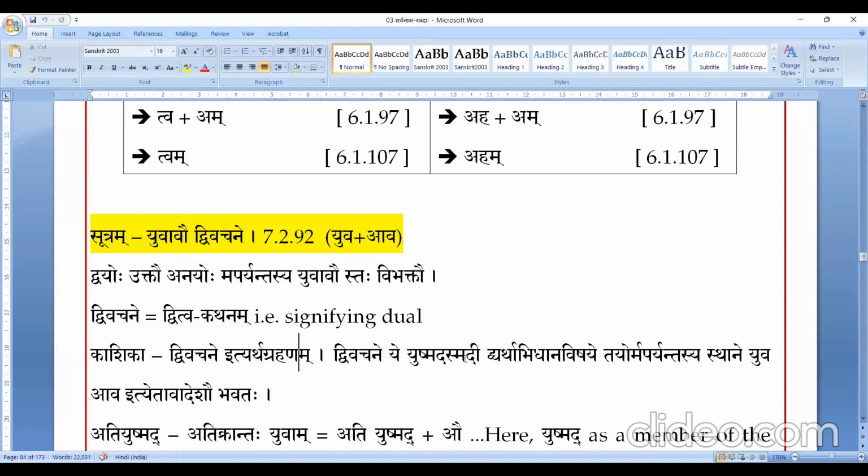Kashika says, Dvivachane Yushmadasmadi Dvi Artha Abhidhana Vishaye, Tayoho Ma Paryantasya Sthane Yuva Avaiti Etau Adeshau Bhavataha.